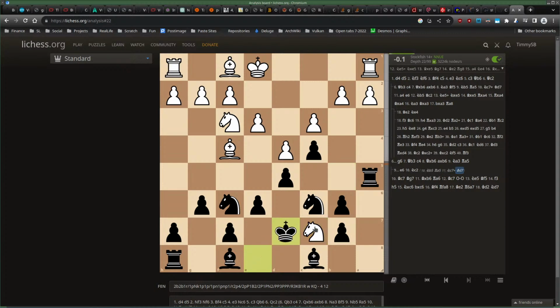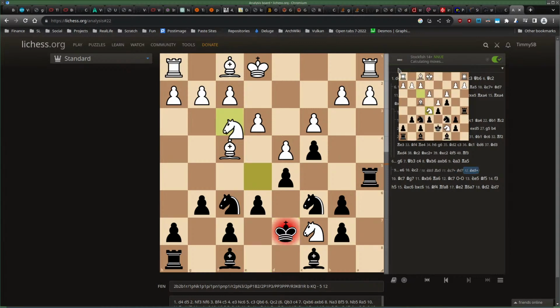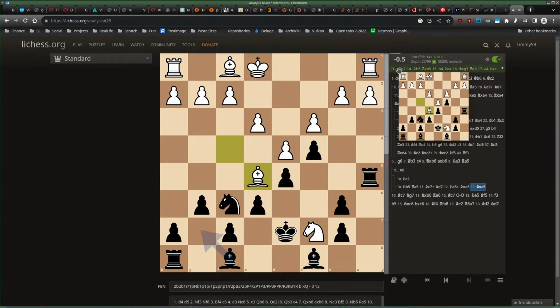And that happens again. Now we have to go there. Oh, we have to go here because of the pin on the knight and the rook behind that.